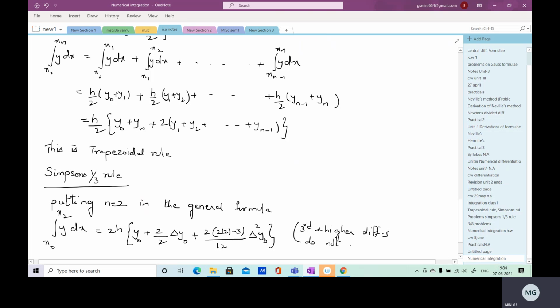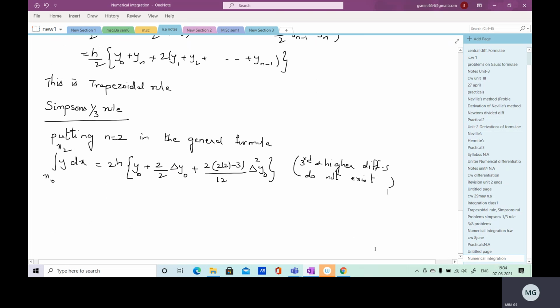I can't find them out. So this is equal to 2h into y0. Here 2 and 2 will get cancelled. Instead of writing del y0, I will write it as y1 minus y0, plus this is 2 into (4 minus 3), which is 1 by 12 times del square y0. Now I will write it as y2 minus 2 times y1 plus y0.